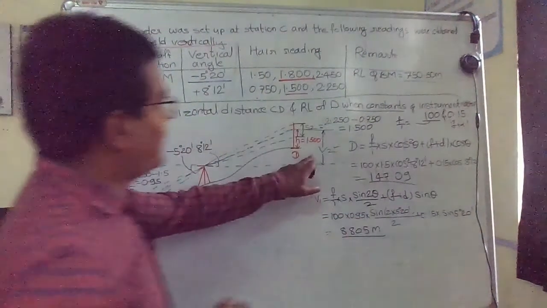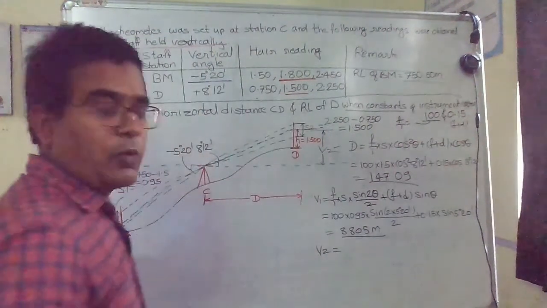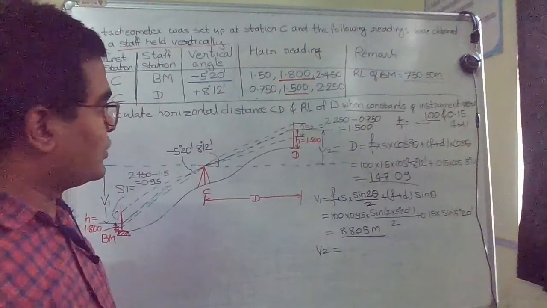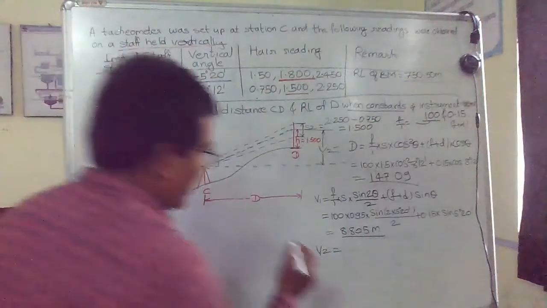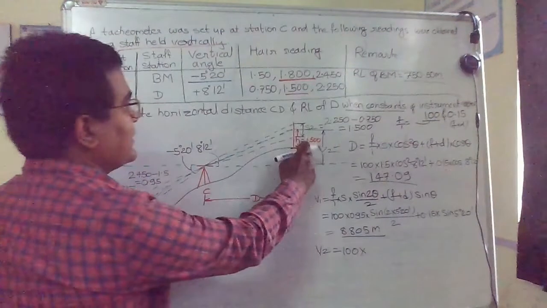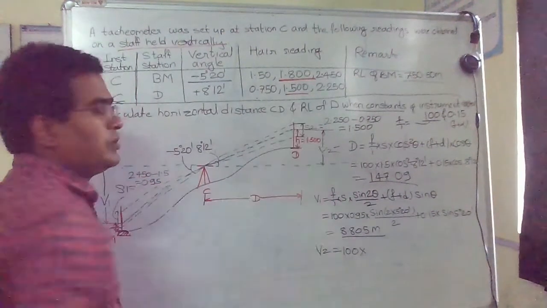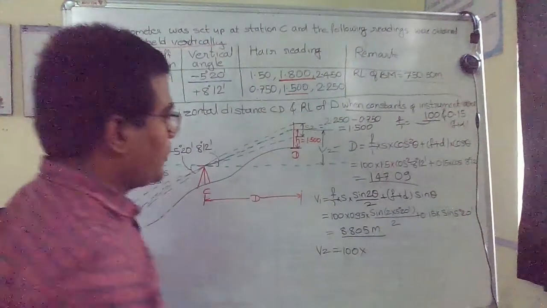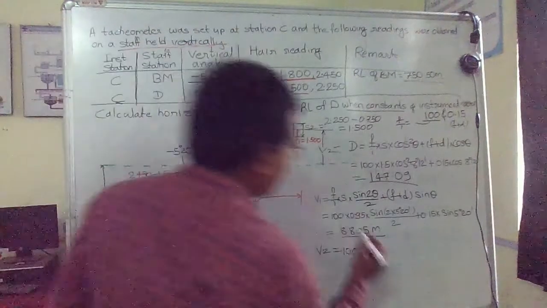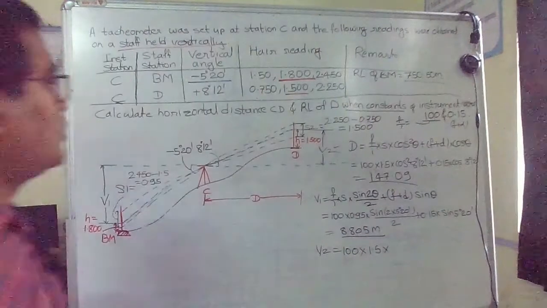Next we have to determine the distance v2. For v2 we again use the same formula, f by i into s into sine 2 theta by 2 plus f plus d sine theta. Here I am directly writing the values. The f by i value is 100. What is the staff intercept in this case? Now we are calculating this distance v2, so we use the staff intercept s2, which is 1.5, into sine 2 theta.